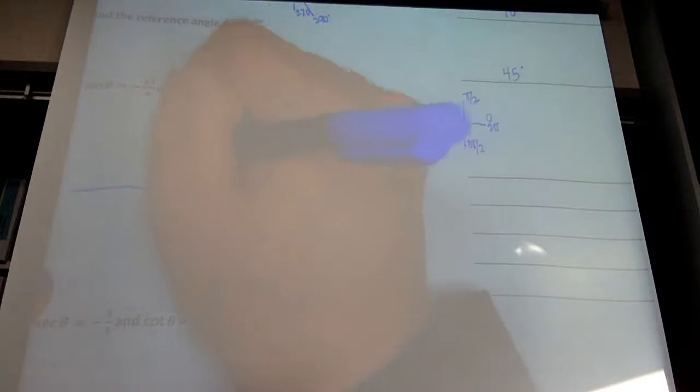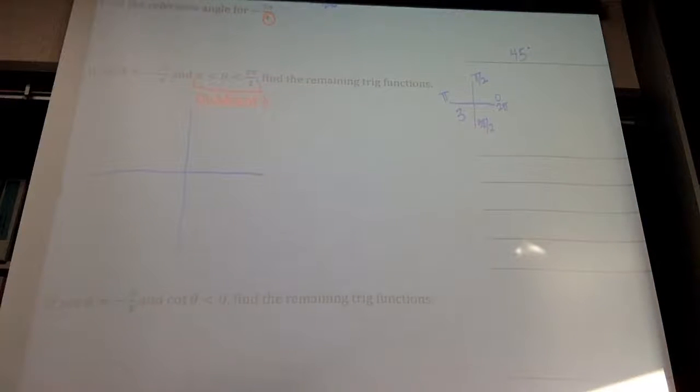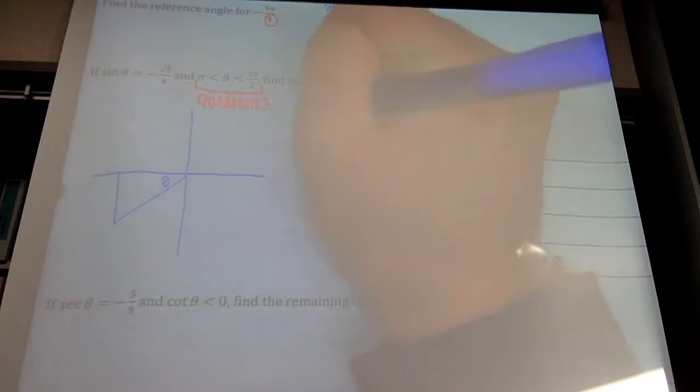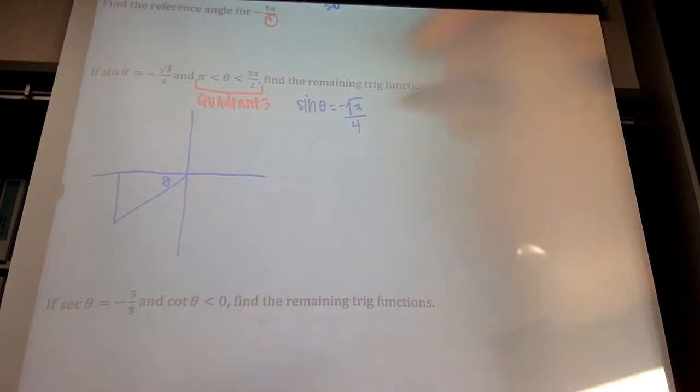And the reason why I draw in that quadrant is it helps me to remember the signs of the triangle, essentially the S, I, G, and S. Okay, so we put it in quadrant 3. And remember, sine is opposite over hypotenuse.